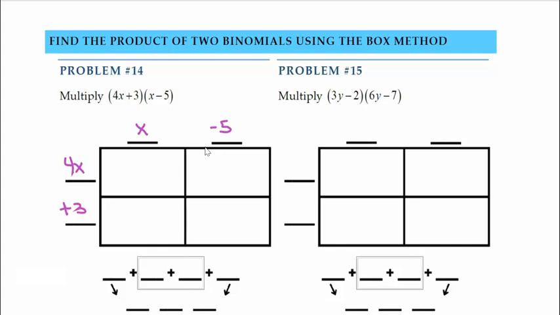And now I'm just going to multiply these together to see what I get in these boxes. So 4x times x gives me 4x squared. 4x times negative 5 is negative 20x. 3 times x gives me 3x. And 3 times negative 5 gives me negative 15.